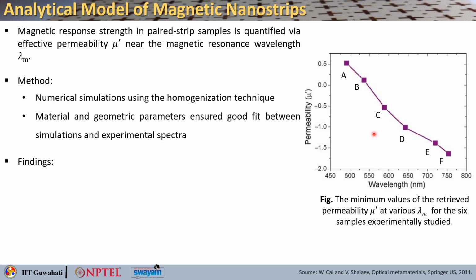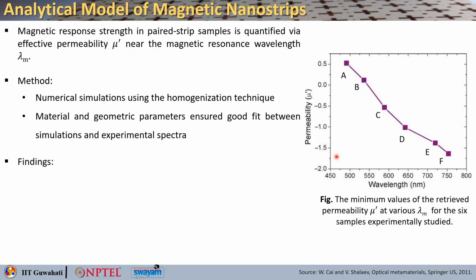So, the minimal values of the permeability for the 6 different samples of the coupled strips that we have discussed, A to F. A is the thinnest one and F is the widest one. Okay. So, here you can see the permeability values.